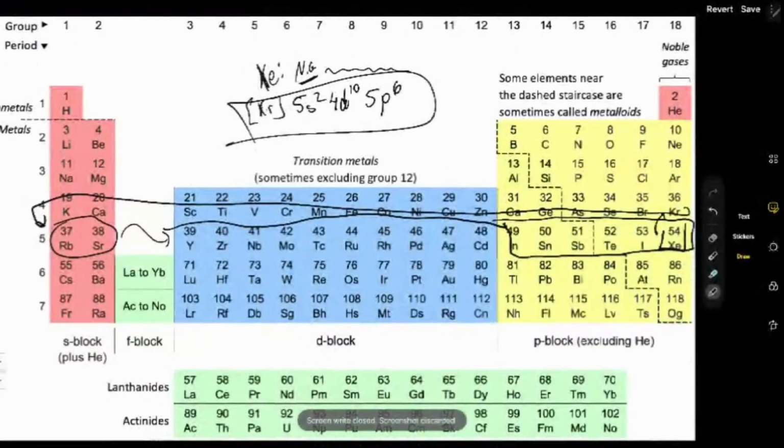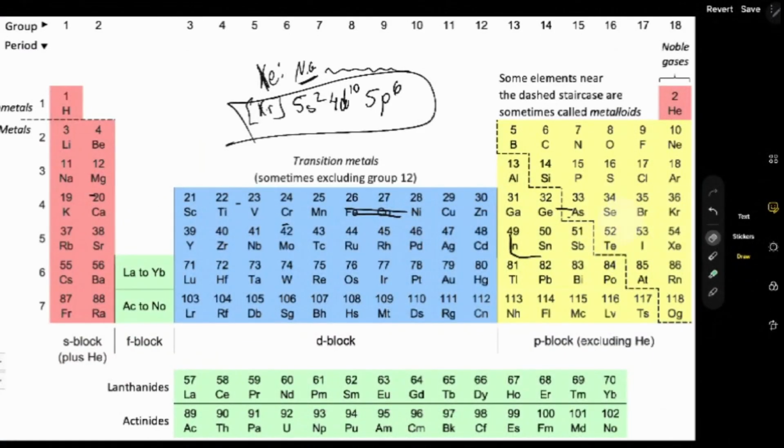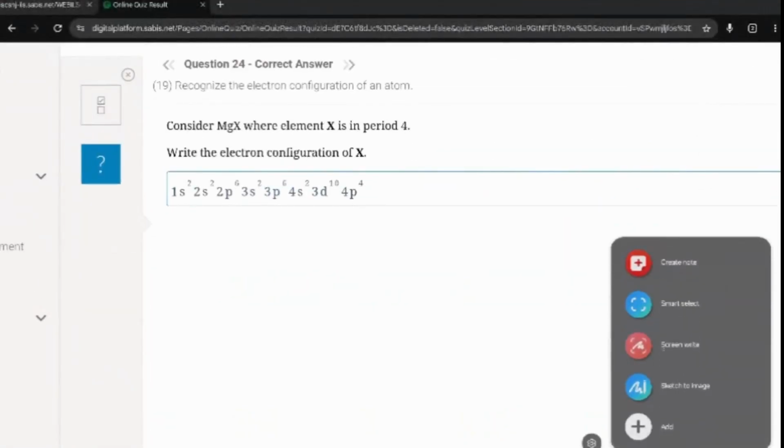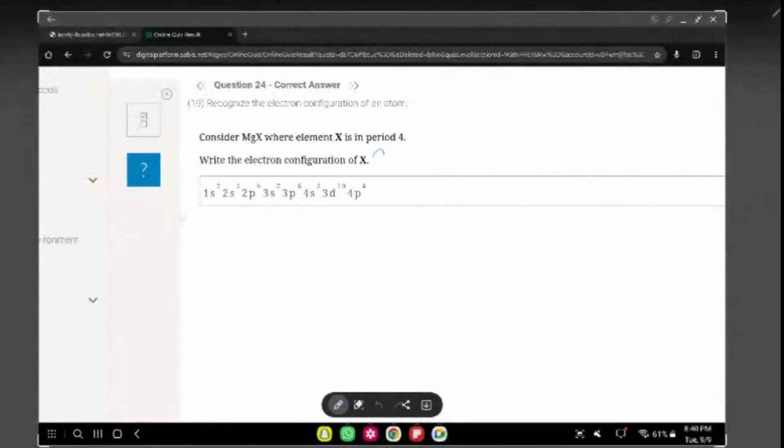So let's take a look. They said period 4. If you go to period 4, you go to group 6. What do you find here? Selenium. So you go here. We know that X is what? Selenium. Did they say ion X or atom X? Here they didn't say anything.